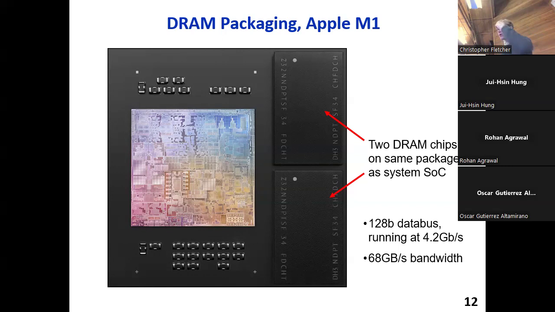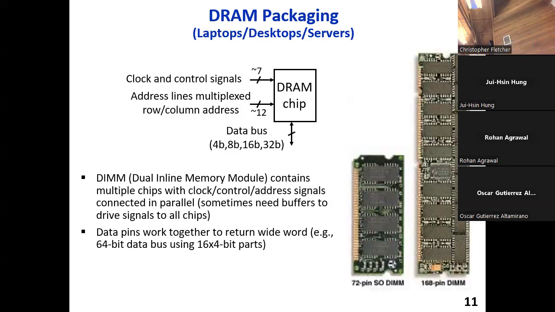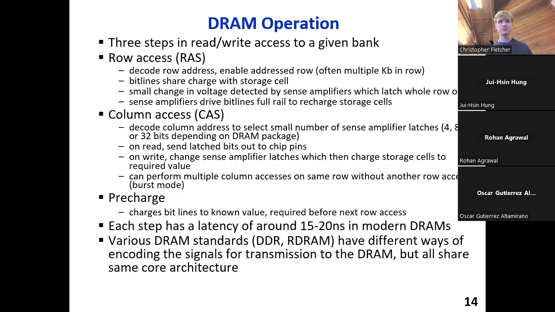So accessing DRAM on Apple M series devices is especially fast. You don't have to go off your actual package, through the pins of the DRAM, which are these golden pads here, to get to the actual DRAM chips. It's actually closer to the SoC.